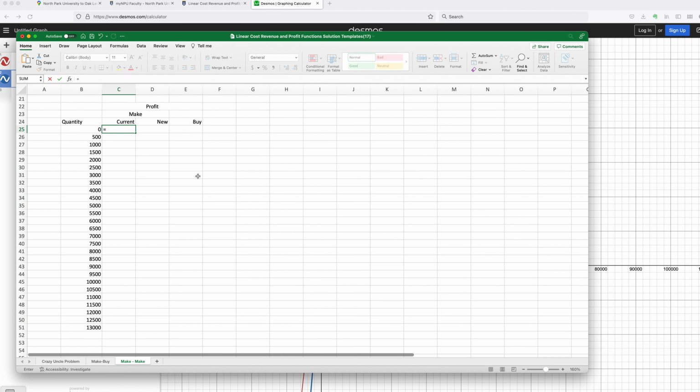So what's my profit equation here? It's going to be equal to the quantity times what was the margin we had in the first problem? You have to kind of remember the numbers, but we had a margin of 3 minus a fixed cost of what? 14,000? Okay.